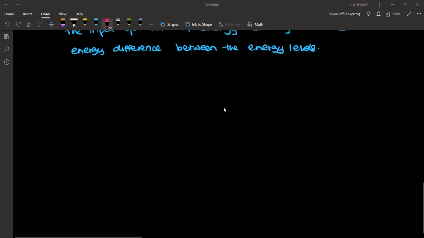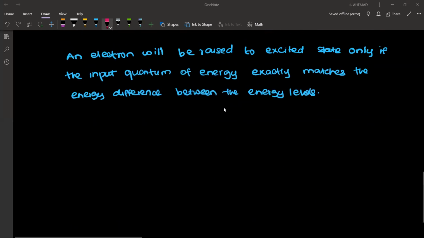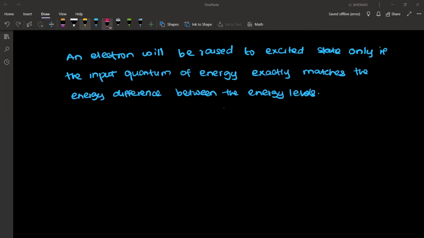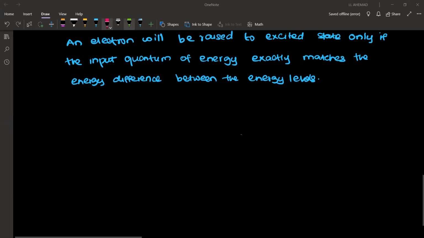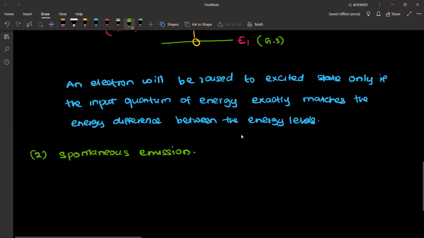Next we have spontaneous emission. The second one is spontaneous emission. In spontaneous emission, it is the opposite.